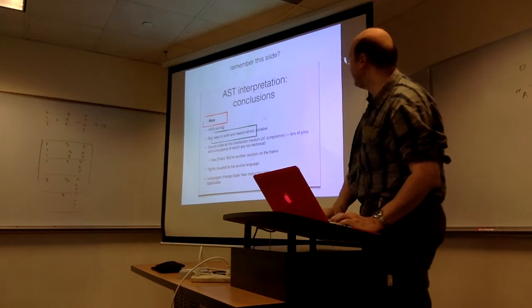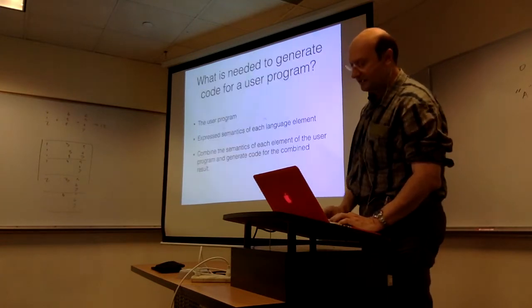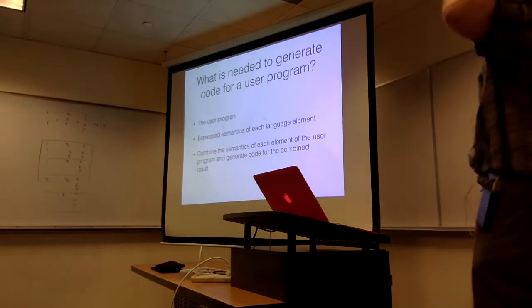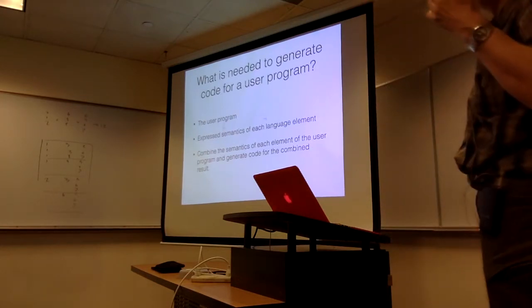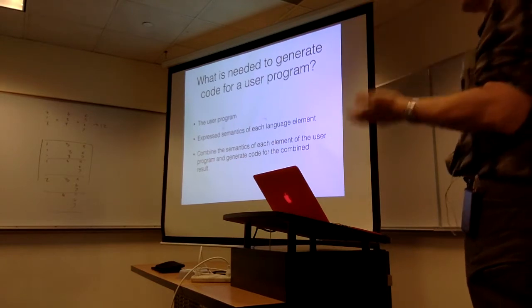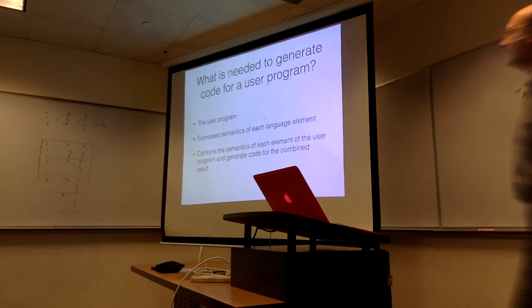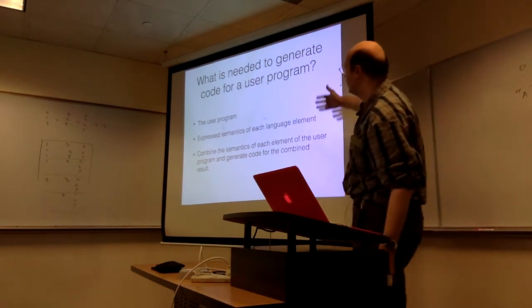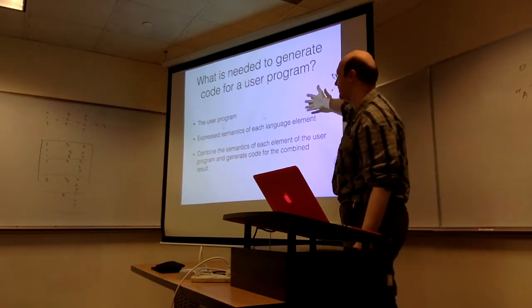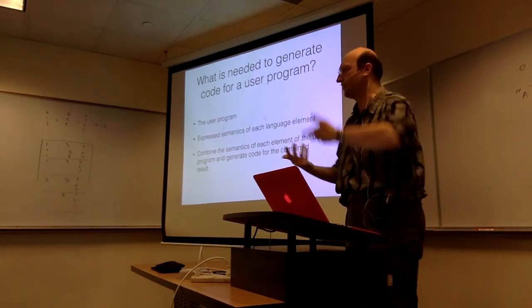So what do we need to make something run fast? Specifically, we're assuming that to make it run fast, we need to compile it. We need to generate good code for constructs that are in the original program. And so what do we need to do that? We need, obviously, the program itself, because you can't compile an interpreter and get good performance.